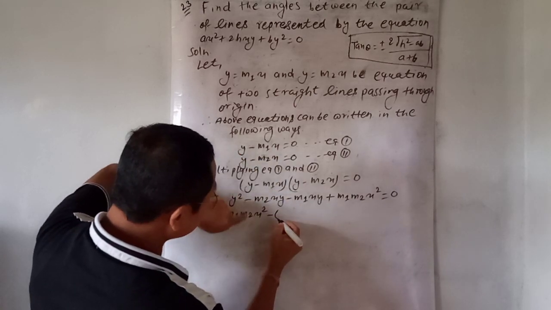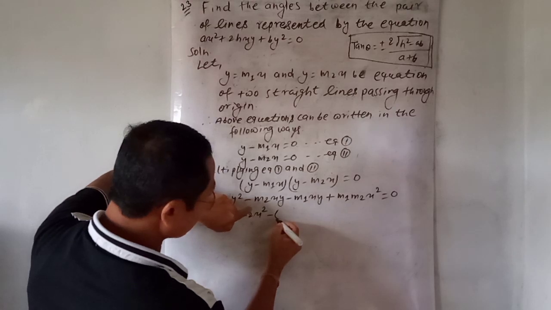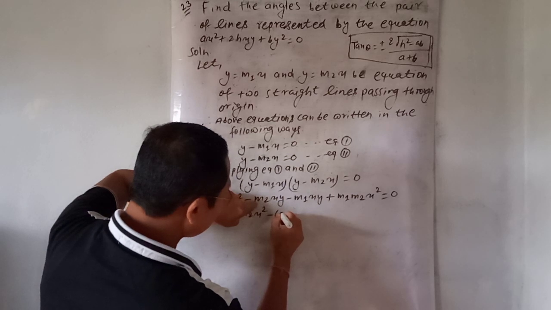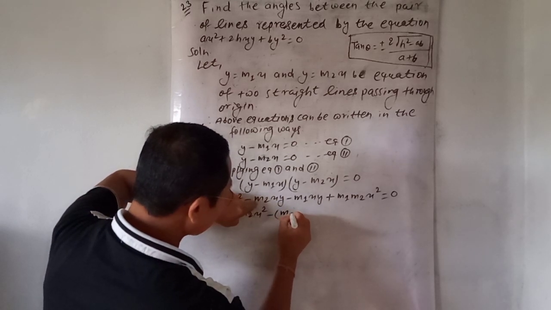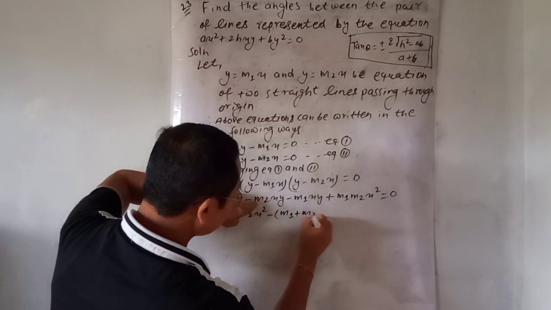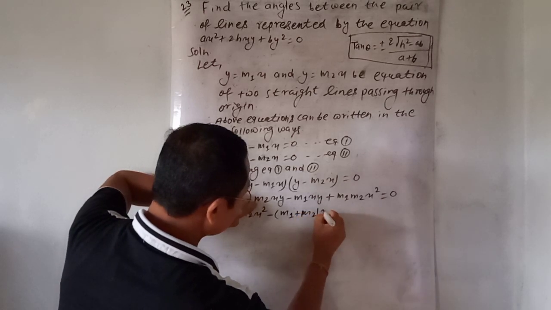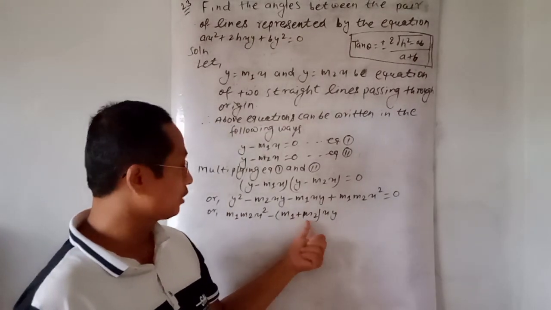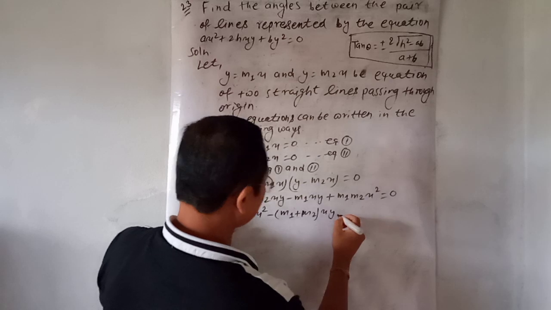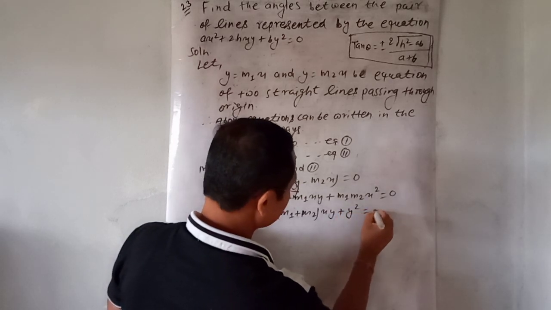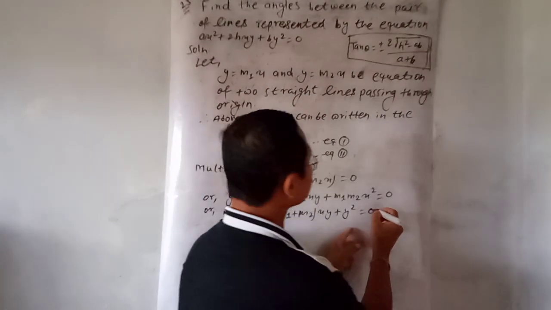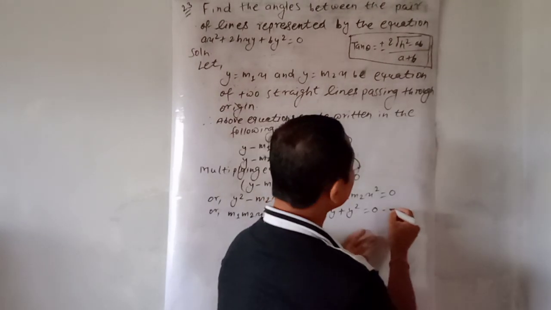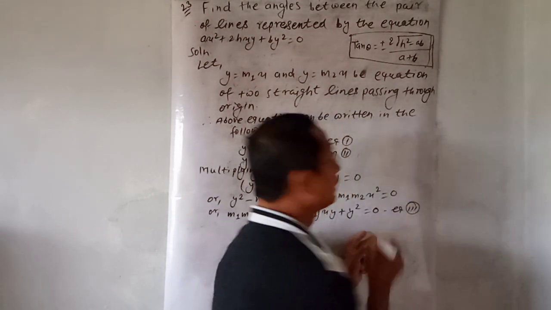When xy is common, then here minus xy common, then this will be m2 plus m1, it means we can write m1 plus m2 xy. Minus xy is the common, so m1 plus m2, and this is plus y square is equal to 0. This is the equation 3.